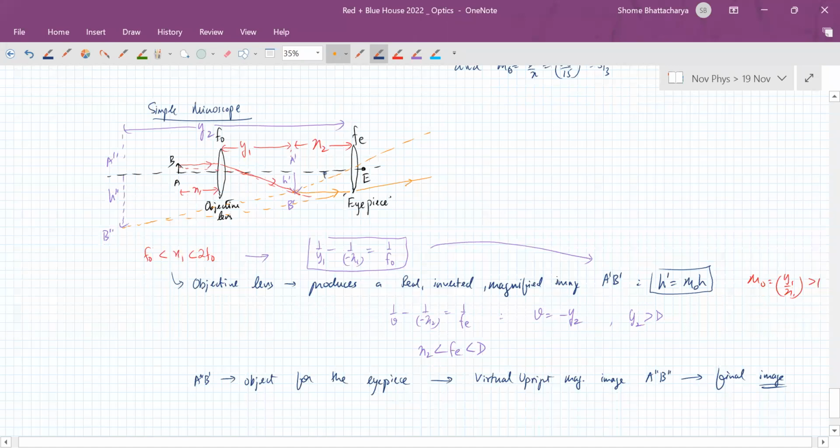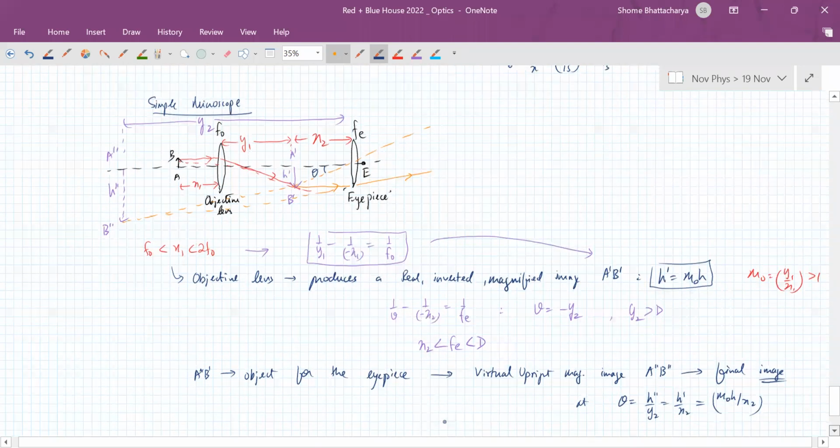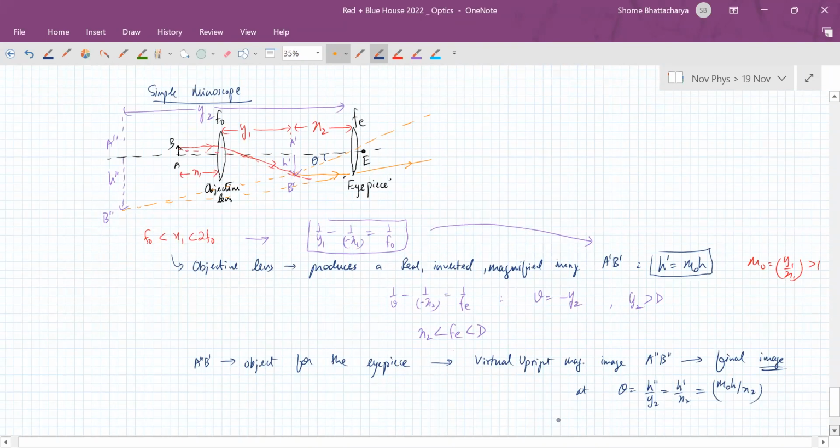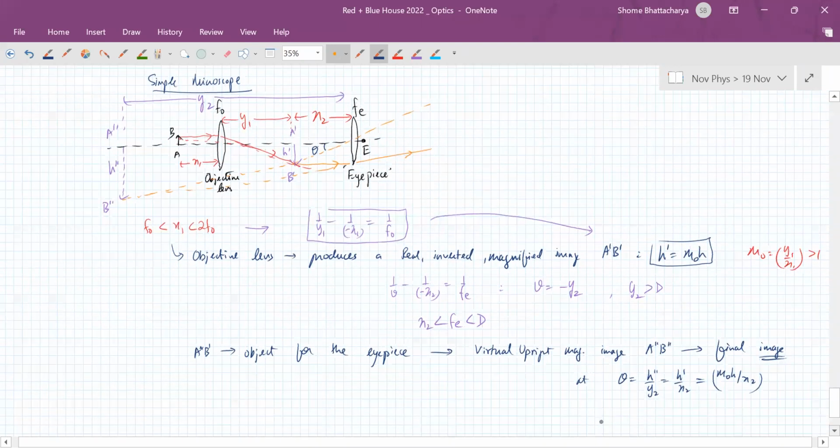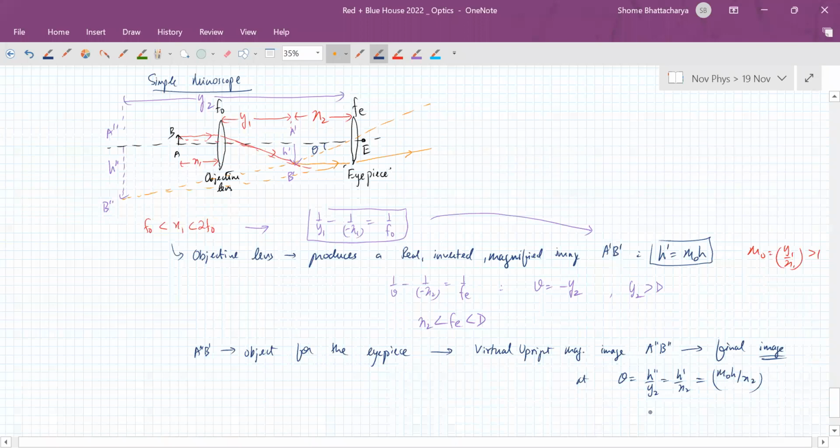So that's why this becomes the final angular size. Okay, so finally, the angular magnification achieved, which is theta upon theta naught, becomes this value.